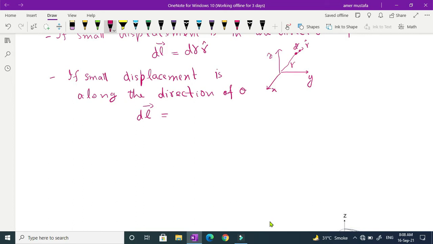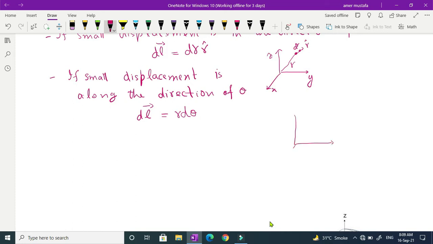In that case dl is not equal to d theta, but it is equal to r d theta. How? I explain it here.